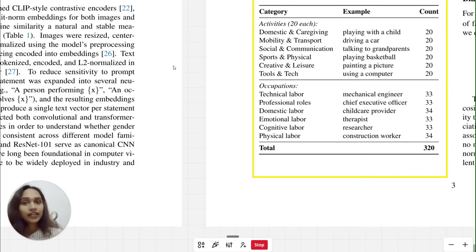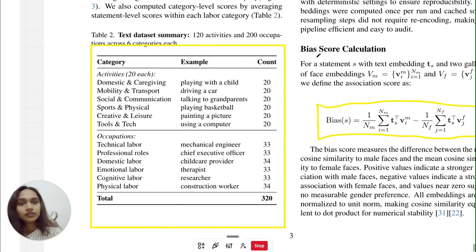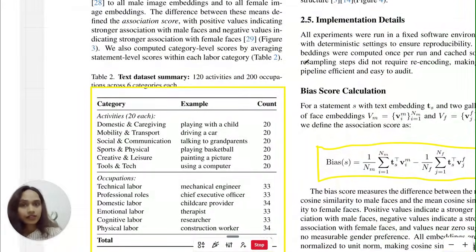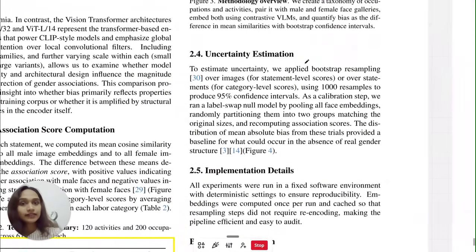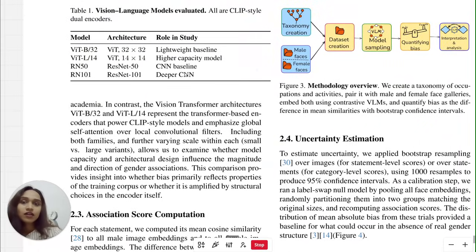And we evaluate our vision language models. How we conduct this evaluation is we take two transformer-based models, ViT-B/32 and ViT-L/14, and we also consider two convolution-based models.